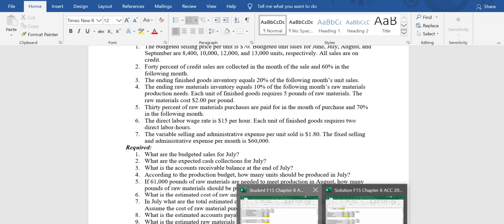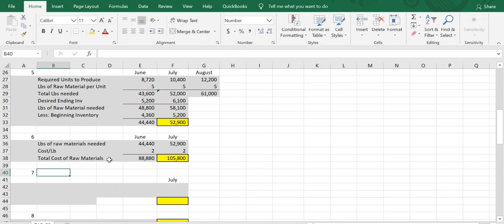So if we go back to our calculation, we're going to say, okay, the purchases in June that we're going to pay. Let me move that down.